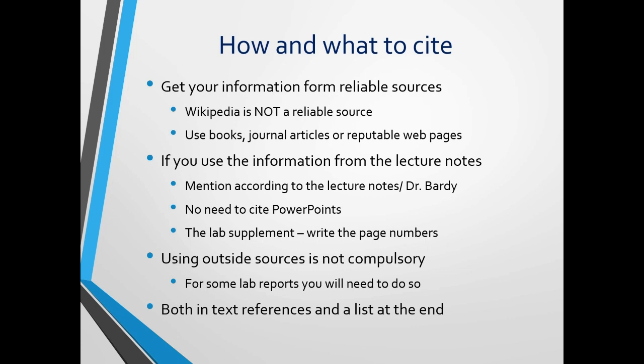If the lab supplement is used, mention the page numbers and the chapter name in the list of references at the end. Using outside sources is not compulsory, but for some lab reports you will need to do so. So you should have both in-text references and a list of references at the end of the report. If you follow these instructions and complete the lab reports on time, you will do well and you will have a good grade.